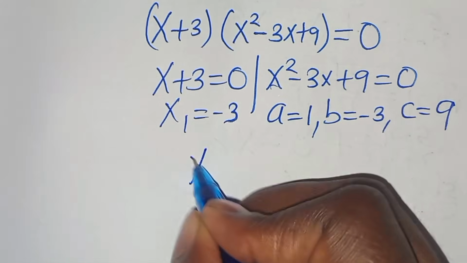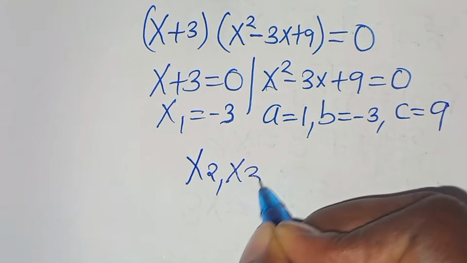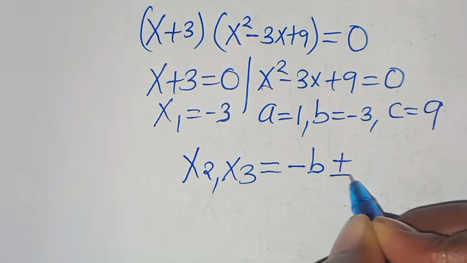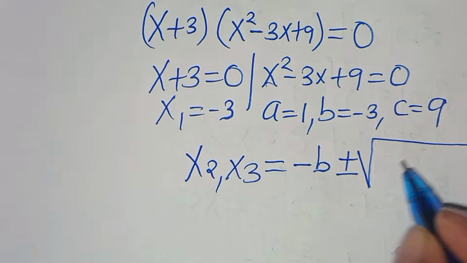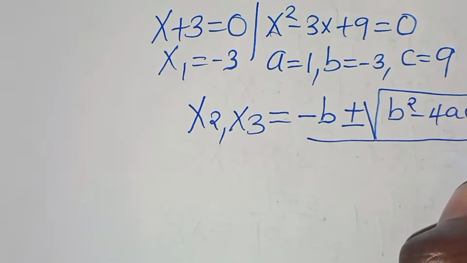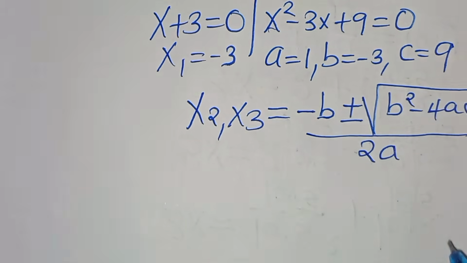So we can solve for x2, x3 by applying the quadratic formula, which is minus b plus or minus the square root of b squared minus 4ac, everything divided by 2 times a.